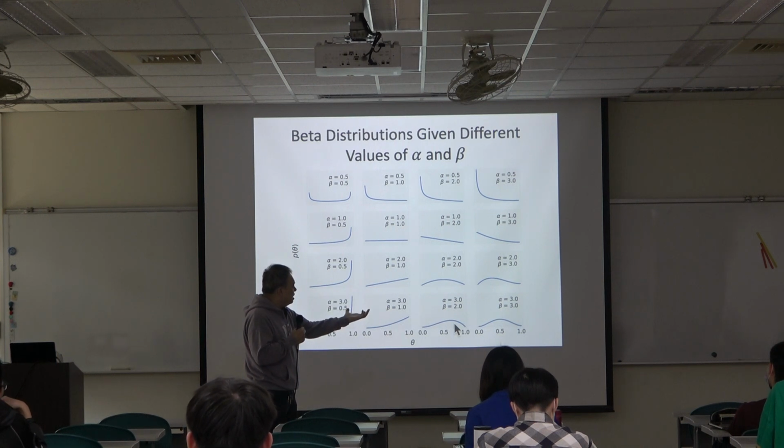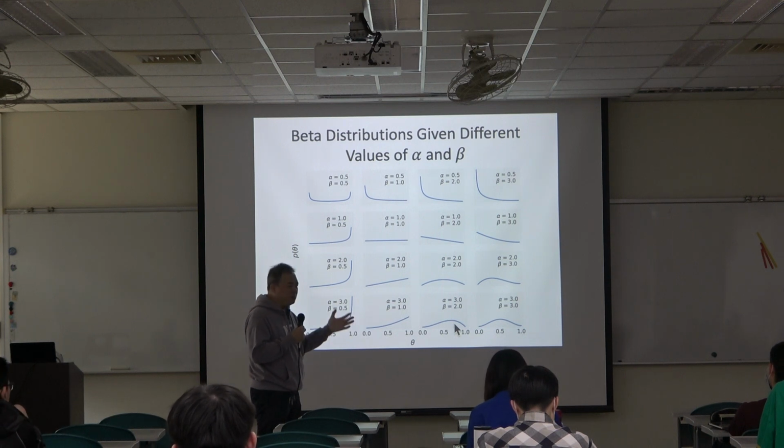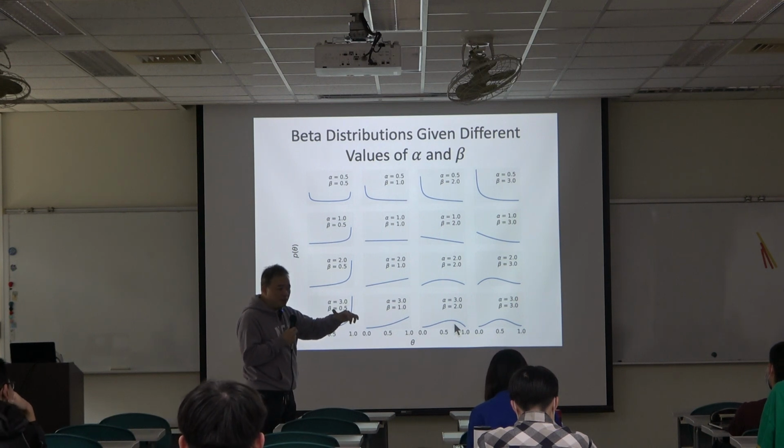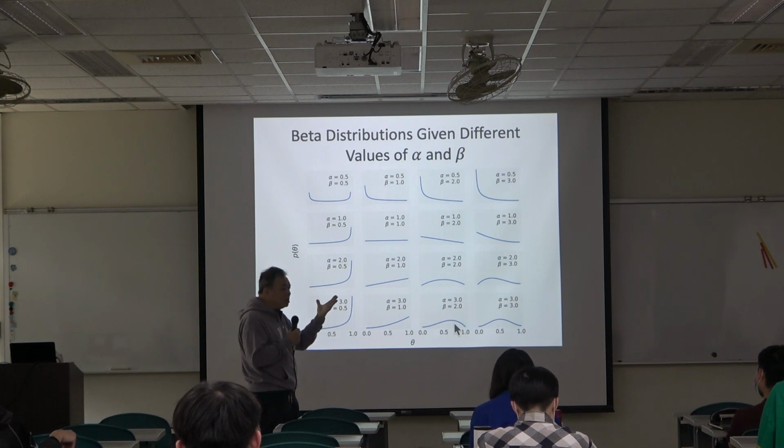As alpha and beta are both 4, you can imagine this bulk will become even more obvious. The distribution is going to be more concentrated on 0.5, but just a little bit more concentrated, not so concentrated.